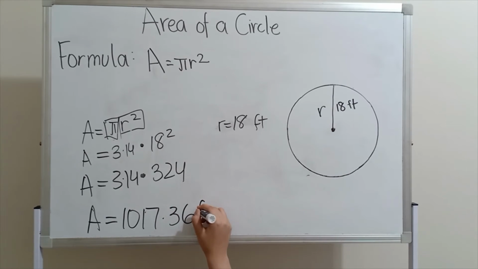And we will write feet at the end, because that is a measurement given to us, and that's it. Now, since we know how to do this, we are going to move on to another problem to make sure that we understand how to find the area of a circle.